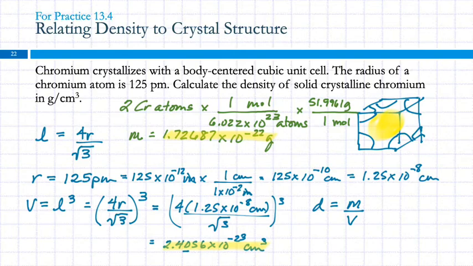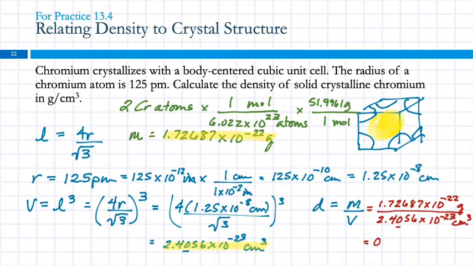So we can plug those into our density equation. 1.72687 times 10 to the minus 22 divided by 2.4056 times 10 to the minus 23.